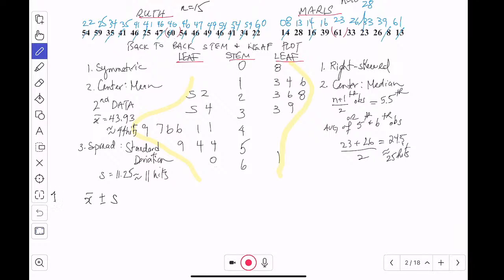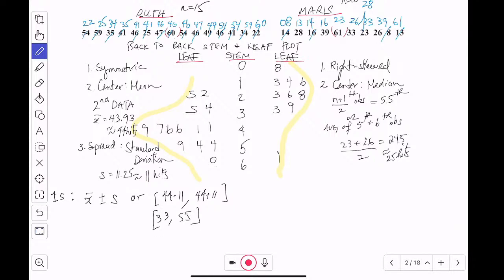This one is an interval of 1 standard deviation from the mean. What would that give us? So this would give 44 minus 11, comma, 44 plus 11. That's not a bad calculation. So this would give 33 to 55.